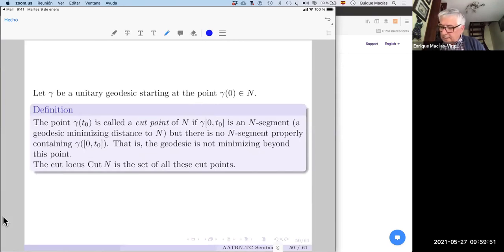You have a unitary geodesic starting in N, which is orthogonal. It is a minimizing geodesic until the point t_0, but it is not minimizing after this point. So you say that this point is a cut point, and the cut locus of N is the set of all these cut points.